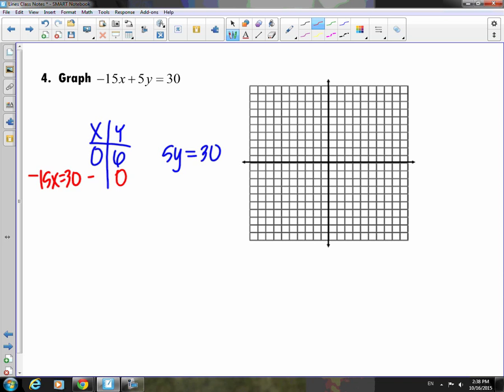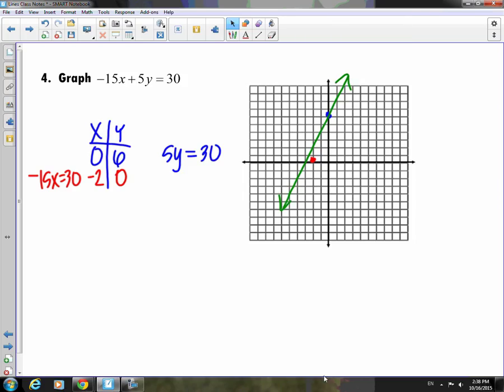So negative 15 times negative 2 would equal 30. So if I plot my 2 points, 0, 6 is my y-intercept, and negative 2, 0 is my x-intercept. So those 2 points make my line, and there's my line.